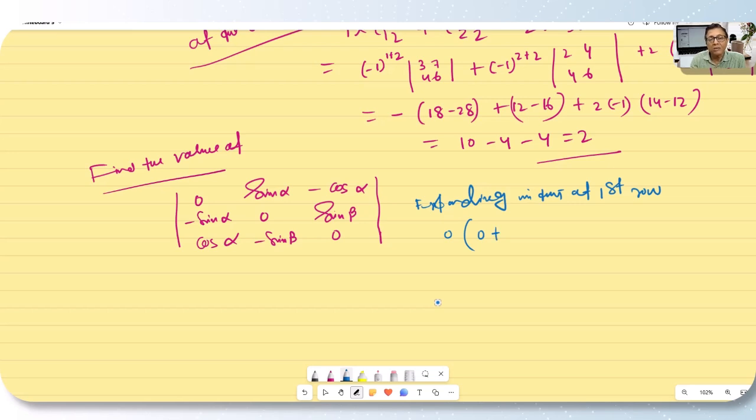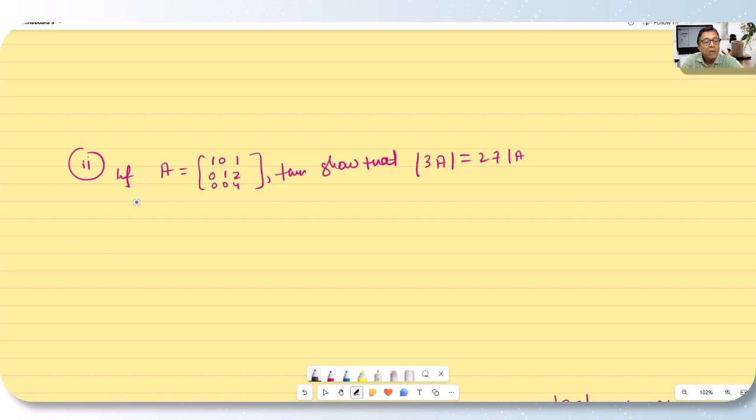0 plus this is from A given, then determinant of 3A equals 27 into det A. To answer this, you first get the value of determinant A. 1 into 4 minus 0, 0 into something is 0, plus 1 into 0 minus 0, value is 4.